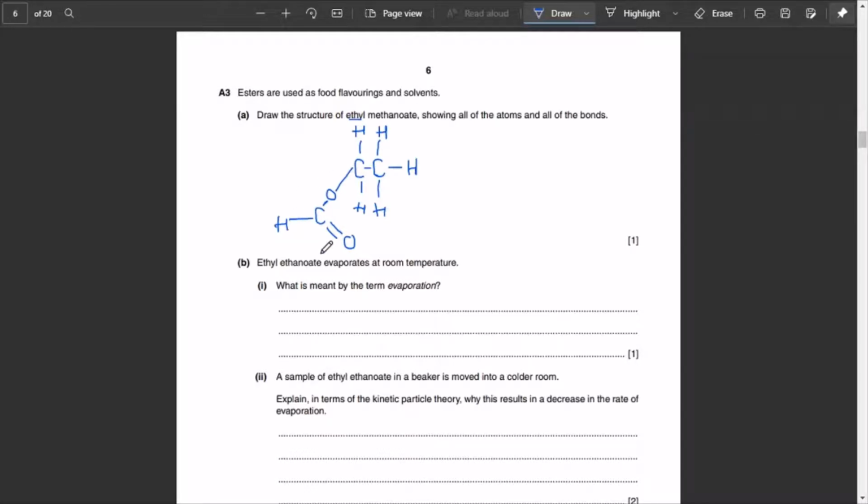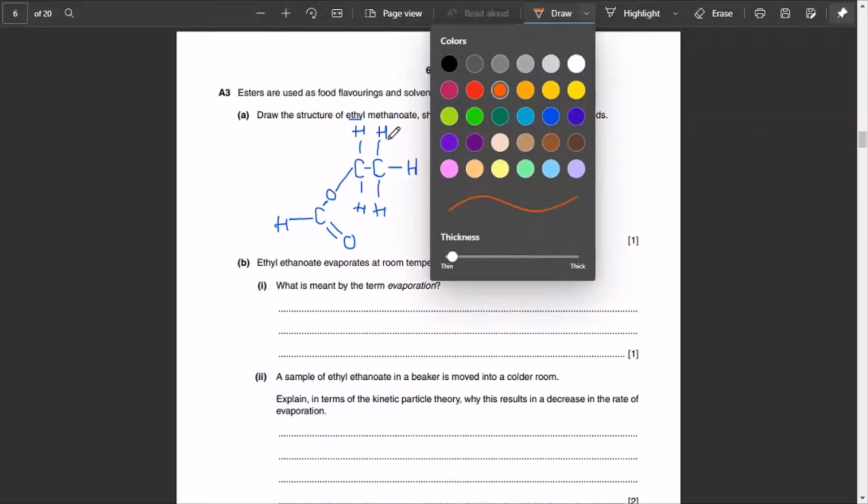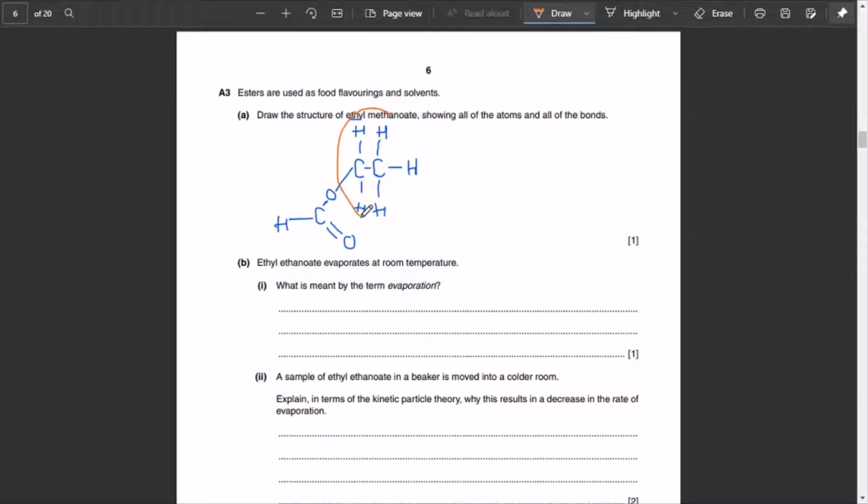This is the ethyl part and this is the methanoate part. This part is from the alcohol, while the other part is the acidic part, that is methanoic acid and ethanol.